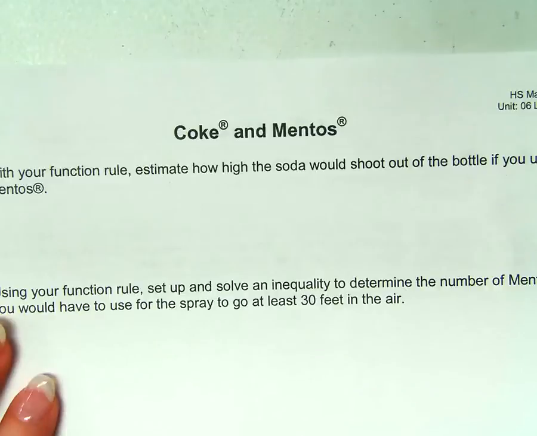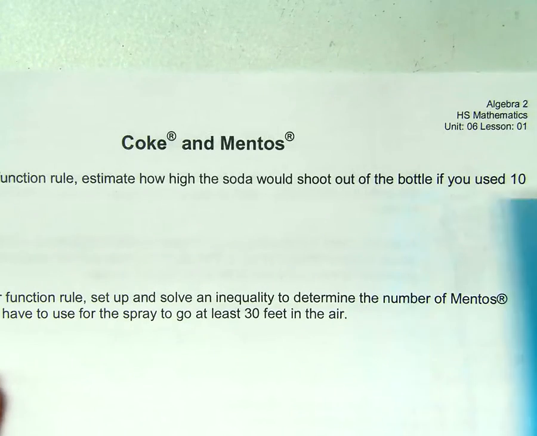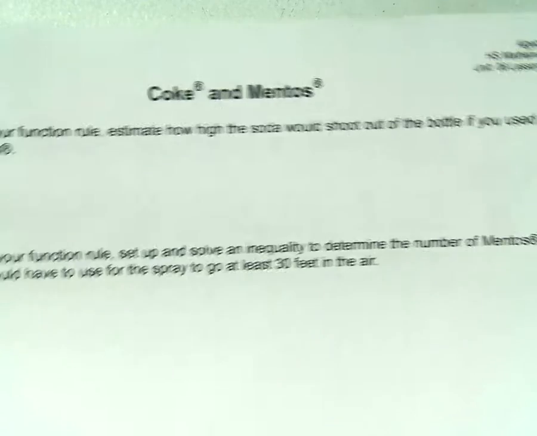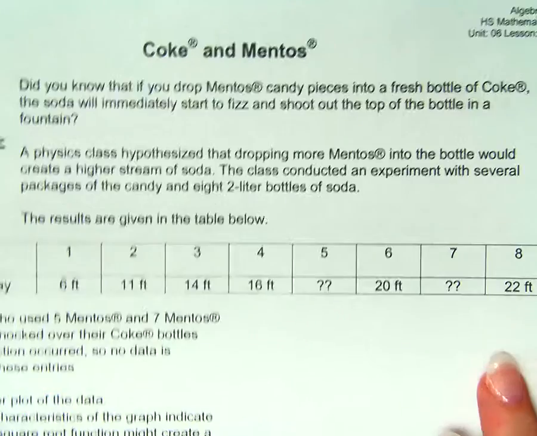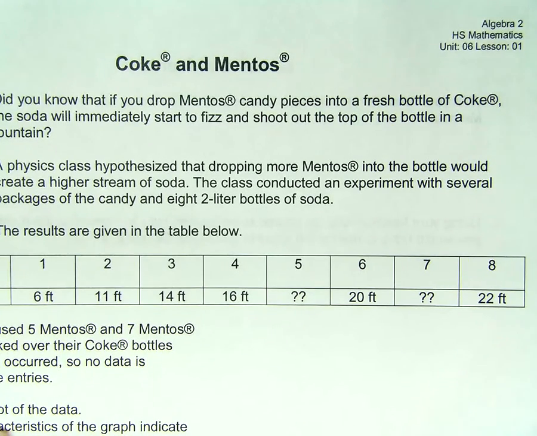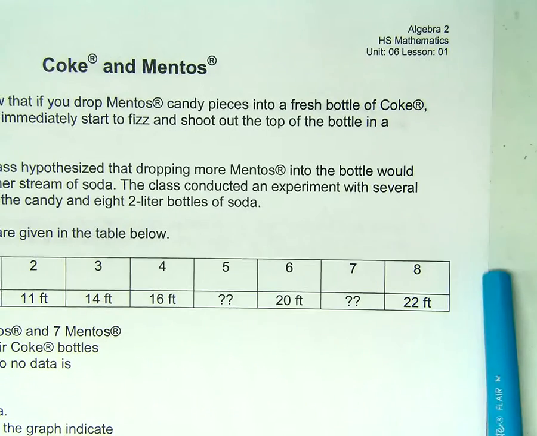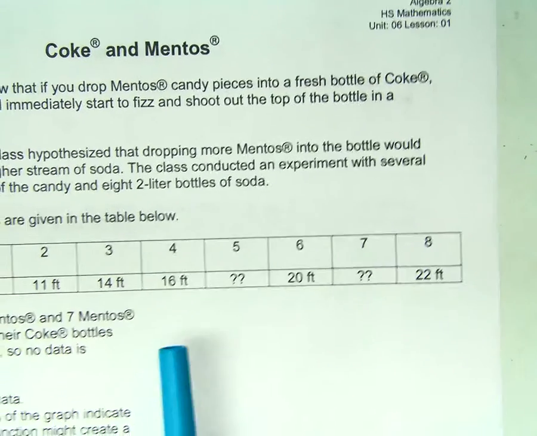Yes, okay. With your function rule, estimate how high the soda would shoot out of the bottle if you used 10 Mentos. Why do we care about 10? Yeah, that wasn't something that was tested. We want to make a prediction. We want to find something that was used off the data. Okay?